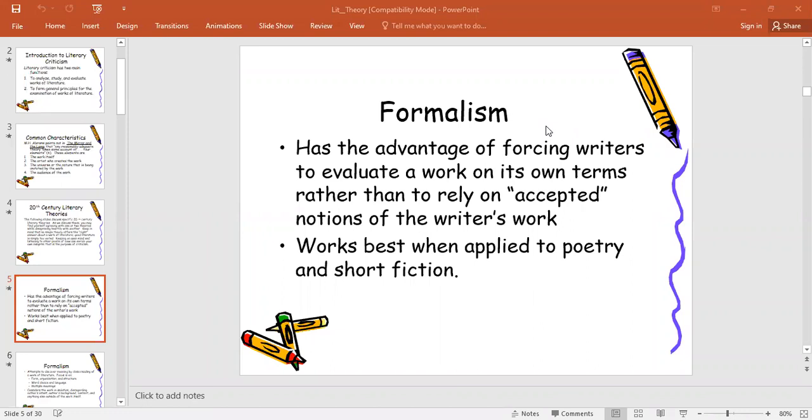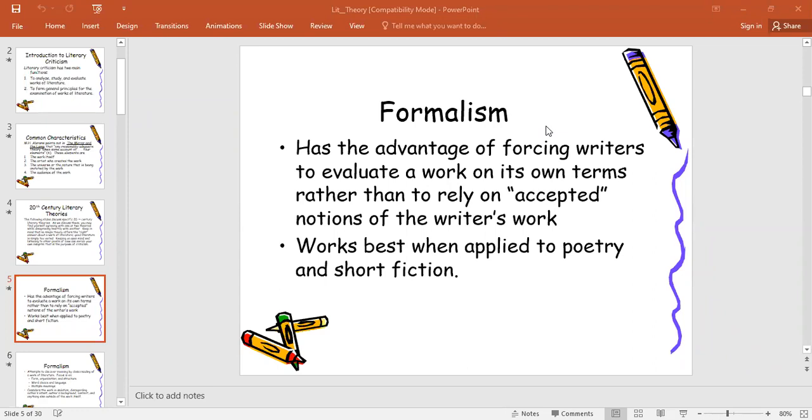Here, the most important thing is that either you are going to accept your own point of view, or you may believe in your own point of view, or you are in a position to accept the notions or the points of view of other writers as well.